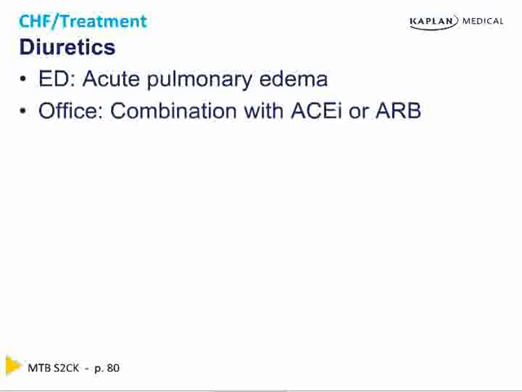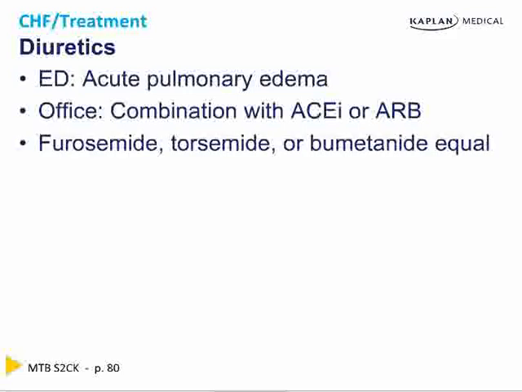Now, we use them in combination with ACE inhibitors, ARBs, and beta blockers in the routine management of outpatient congestive heart failure, as long as we understand that this is only symptomatic control, and that's a pretty good thing to have.